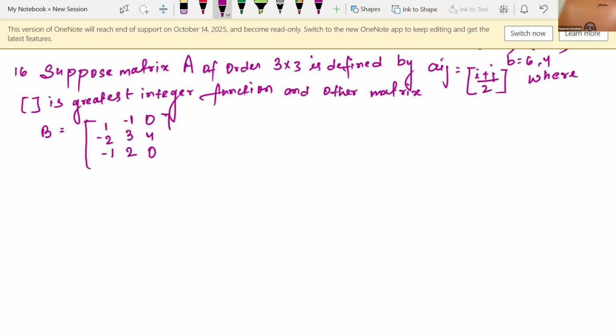Okay, the A matrix and B matrix both are given, and we have to determine the product, the summation, and the difference. So first of all, we need to identify what exactly is the matrix A. Clearly it's not given, but the relation is given. Since A is a 3 by 3 matrix, in the solution, first we will try finding the matrix A.